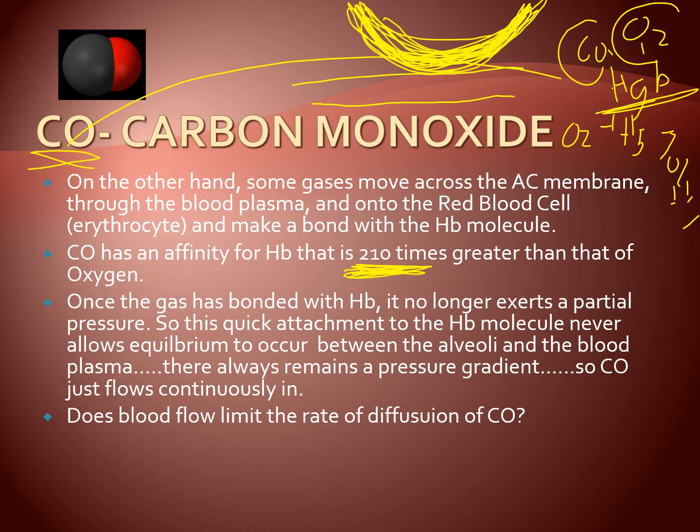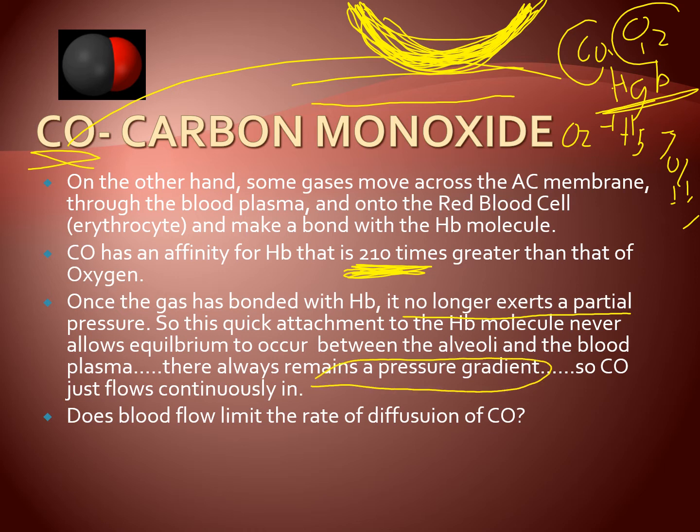So remember, once these molecules, oxygen and hemoglobin, or carbon monoxide and hemoglobin, are bound together, they do not exert a partial pressure. So no longer exerts a pressure, right? So there's no such thing as equilibrium here, right? So you're always going to have a pressure gradient.